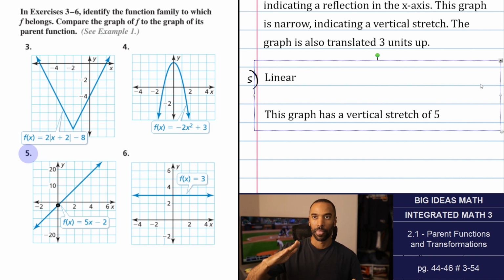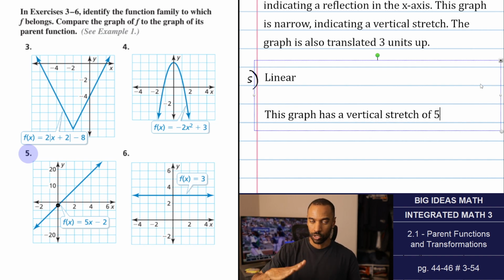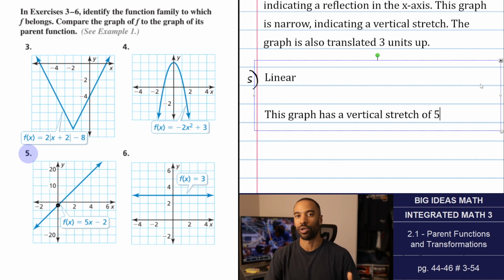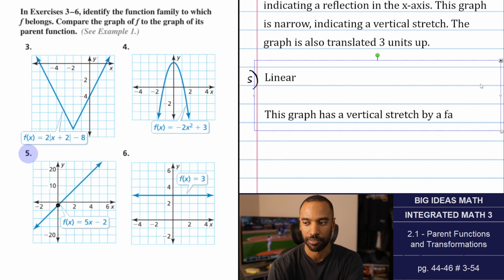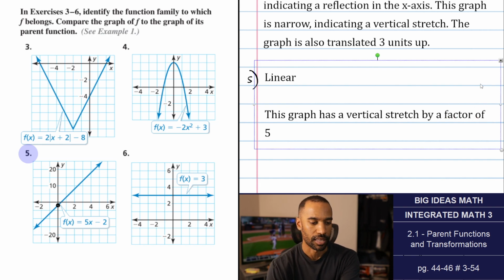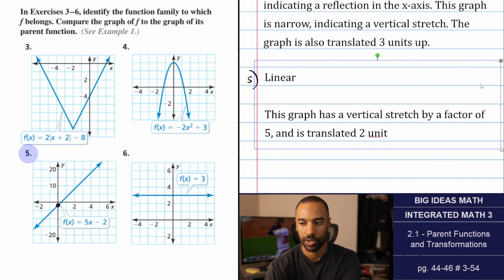There's a slope regardless of what we do here. The original slope was 1 for the parent function. Now it's 5. We're comparing one to the other, and it's stretched. So not a stretch of 5, but a stretch by a factor of 5, and it is translated 2 units down.